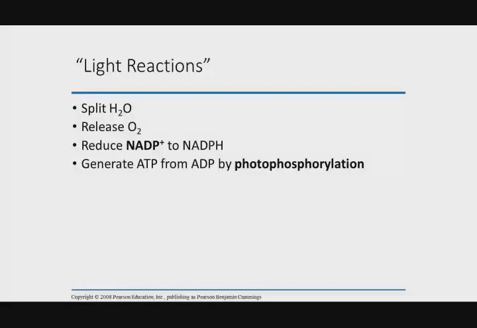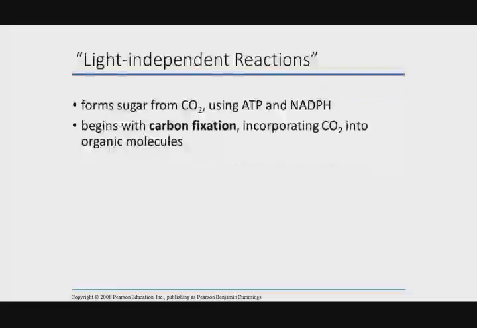So again, to summarize, the light reactions are going to split water, release O2. We're going to reduce NADP to NADPH, and we're going to generate ATP from photophosphorylation. Now, light-independent reactions, in summary, are going to form sugar from CO2 using the ATP and NADPH that we got from the light reactions.